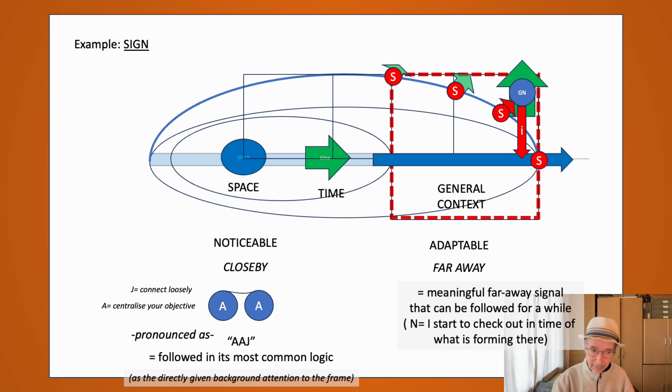I try to find an objective, I try to find the logic, and the G, you can find that in my book, the G combined with A's is the follow-up of a logic. So I try to follow a logic, I try to find the most logical way how to connect elements, and I try to be objective in it. That's my background goal in this reference frame of S, I, G, and N that you can see here in this scheme. So we try to follow the most common logic.